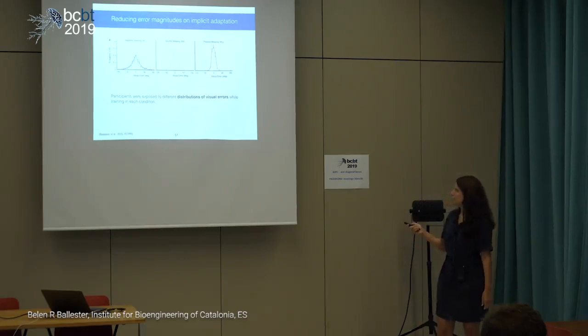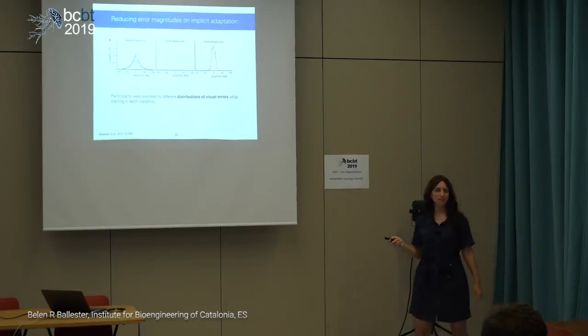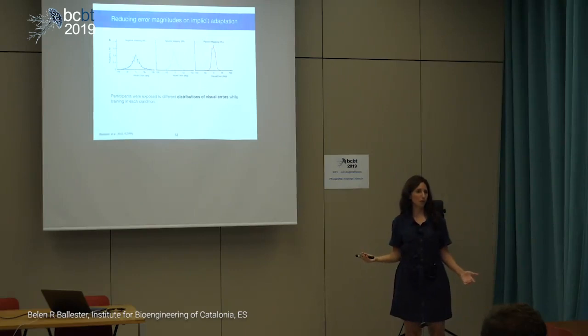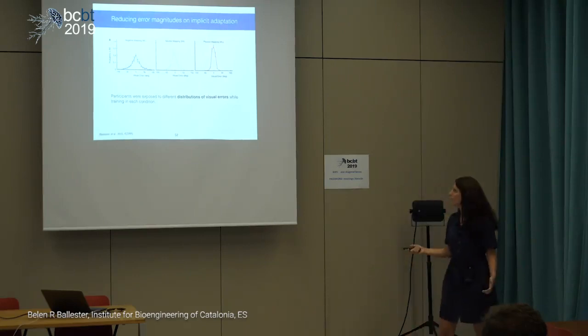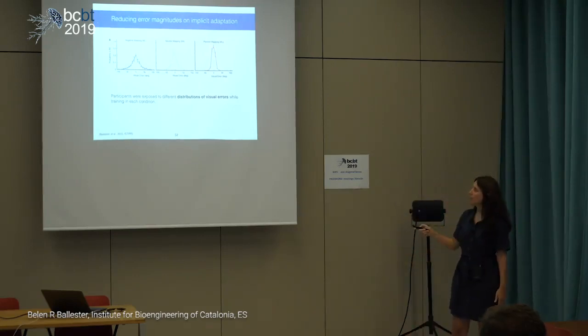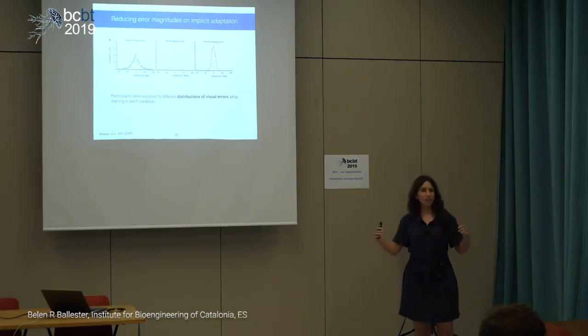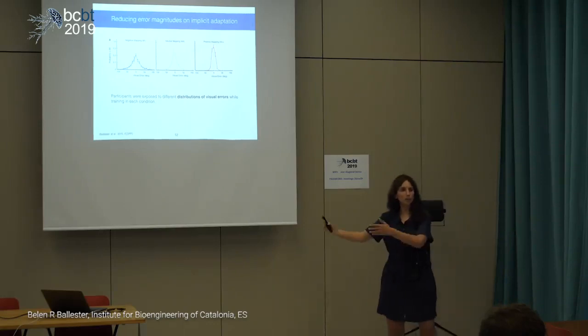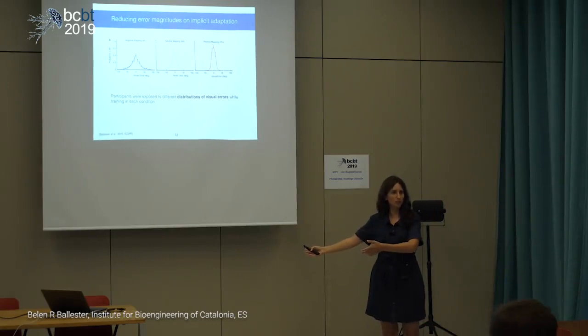And what we see is that first we were able to manipulate the frequency of exposure to error through this method. In the negative mapping condition, you can see that the frequency of exposure to zero error or small errors is lower than in the positive mapping condition. Okay? So we can alter the distribution of errors to which we are exposing these users.